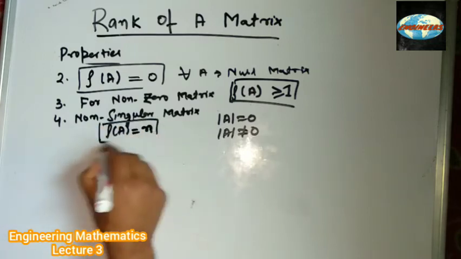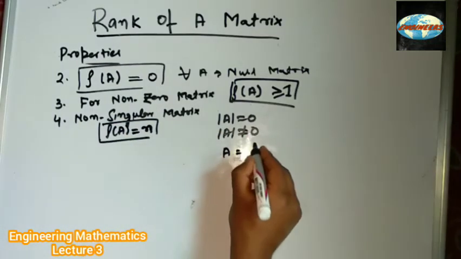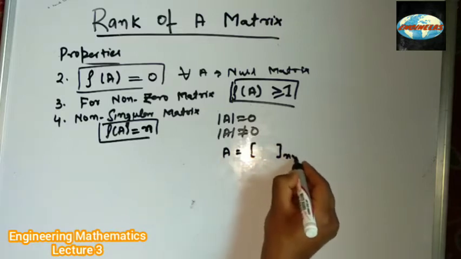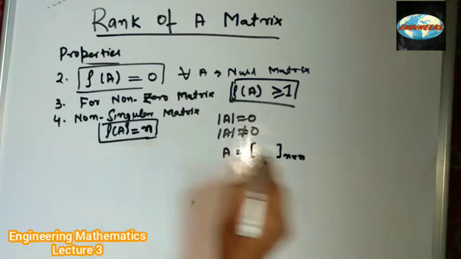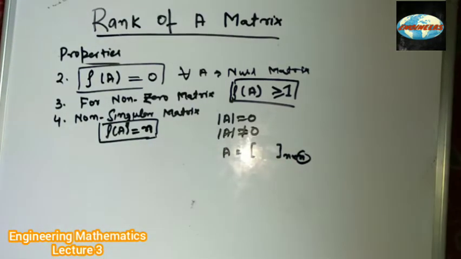That means if A is any square matrix of order n cross n, but it is non-singular, its rank is always equal to the order of the matrix.